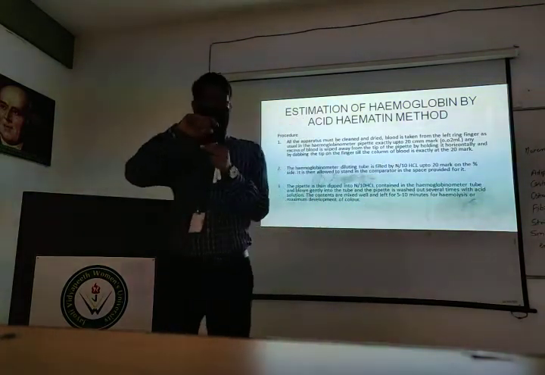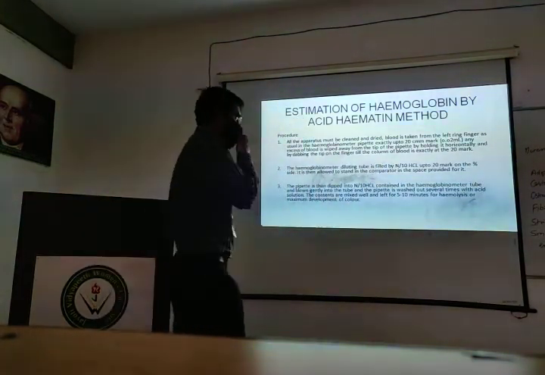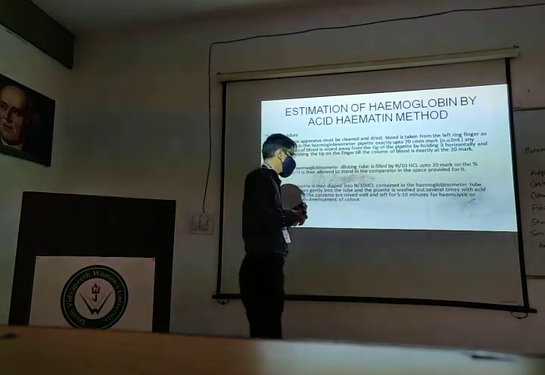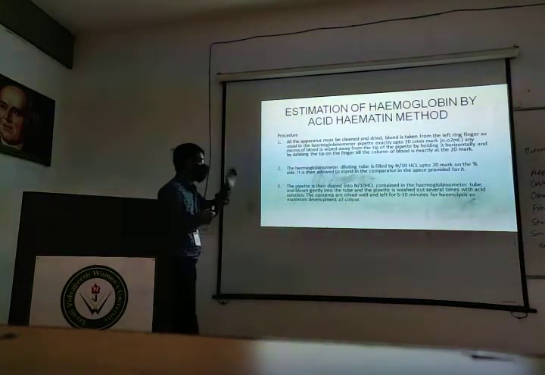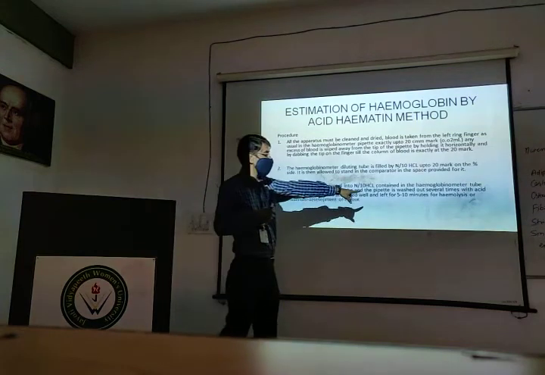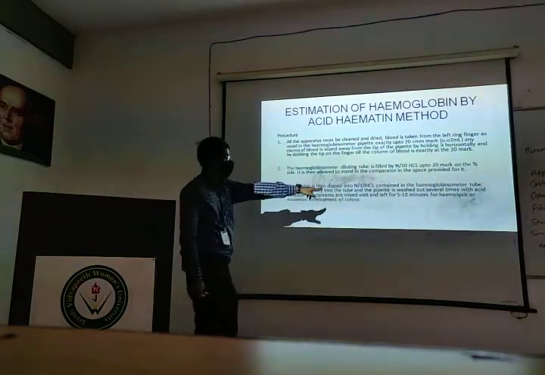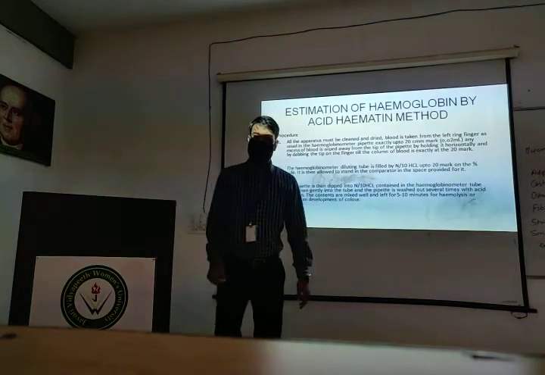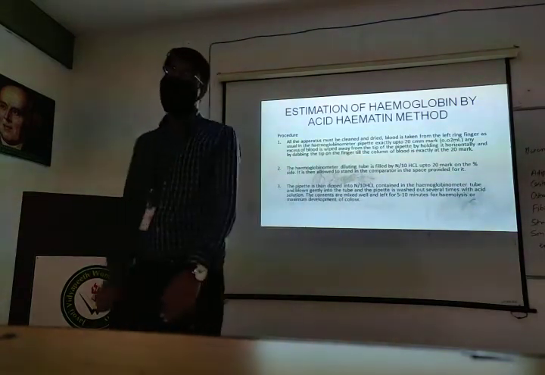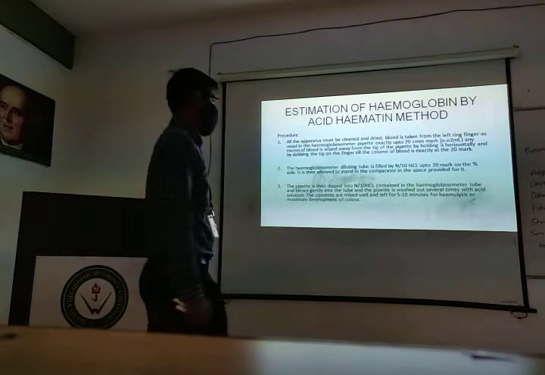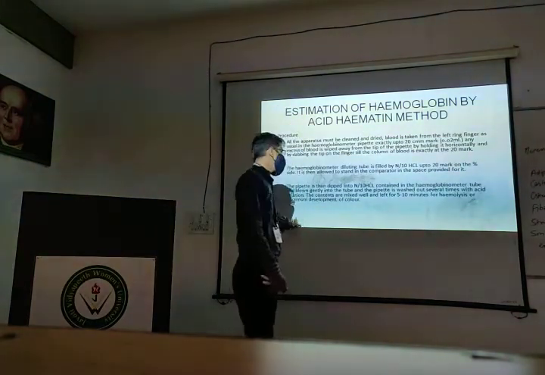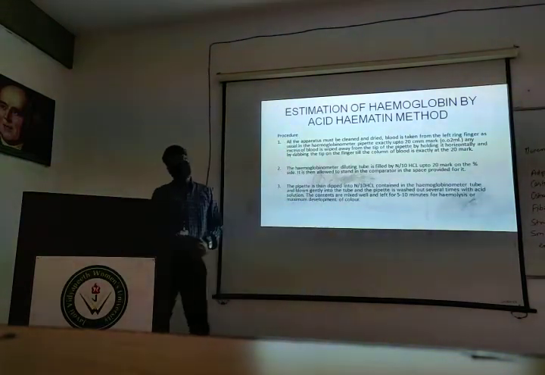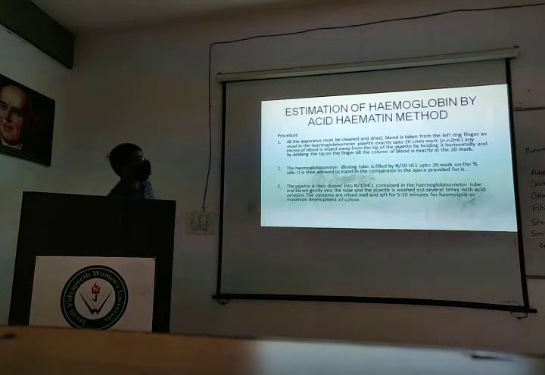After putting the blood in, we wash out the pipette and wait for 5 to 10 minutes for the hemolysis process, so that maximum color can be found in the hemoglobin tube. After that, if the color is found, we go to the next step.